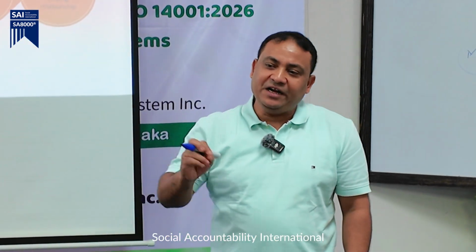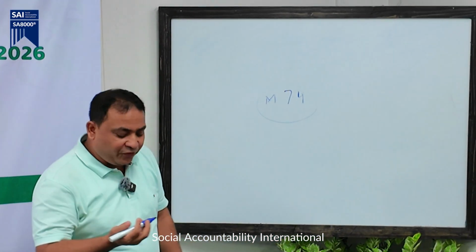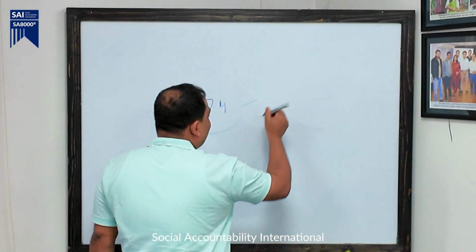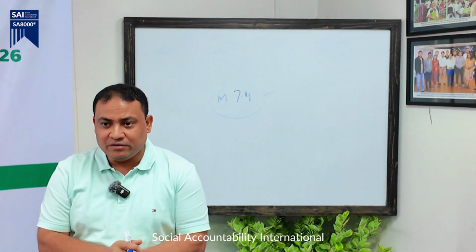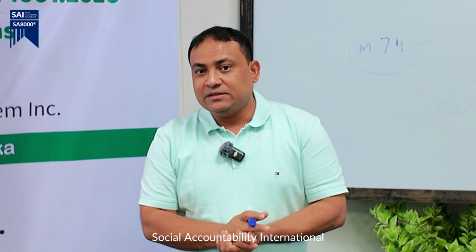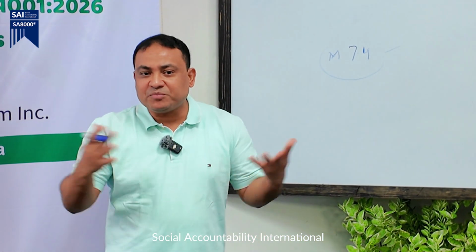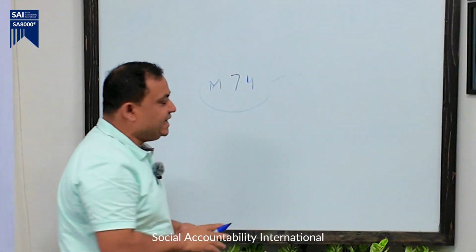Where there are interactions with business partners, these are the requirements. First of all, the organization shall communicate and make sure the business partners are aware of and understand the expectations of your organization, the objectives, and the policy and procedures related to human rights of your organization. So this is the first one, communication and awareness.